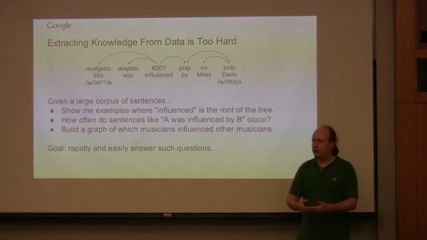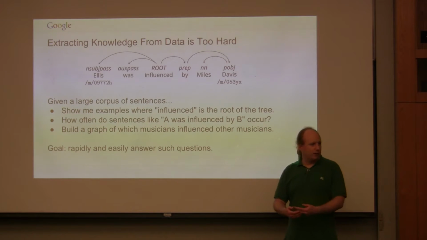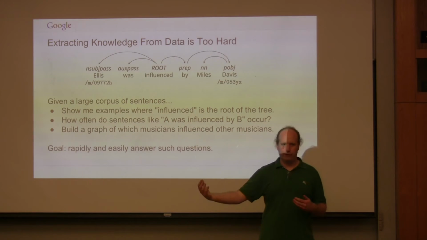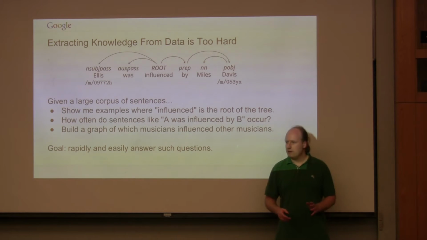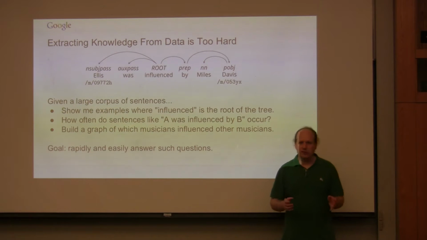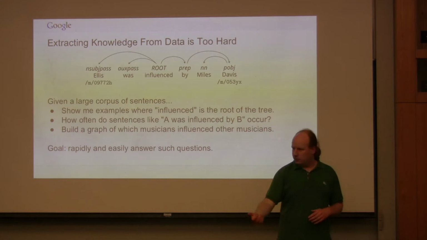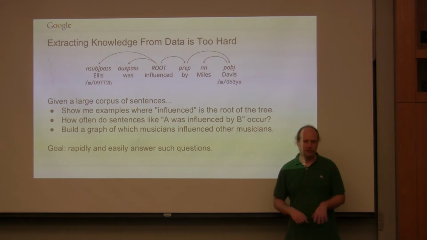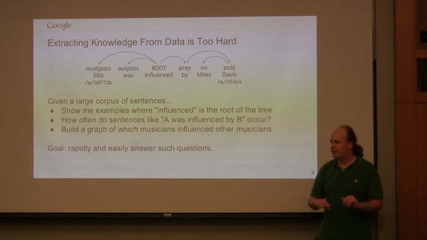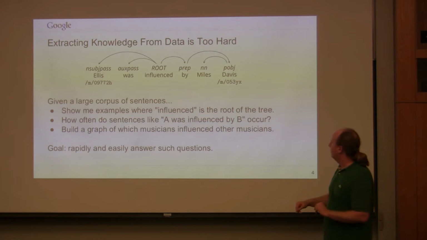With the parse trees, we can look at the subject and the object of the verb influence, and then if we sum them up all over the web, we can find those instances where Miles Davis is the object of the influencing and somebody else is the subject, or the other way around. I'm not a linguist, so I might have gotten this wrong.